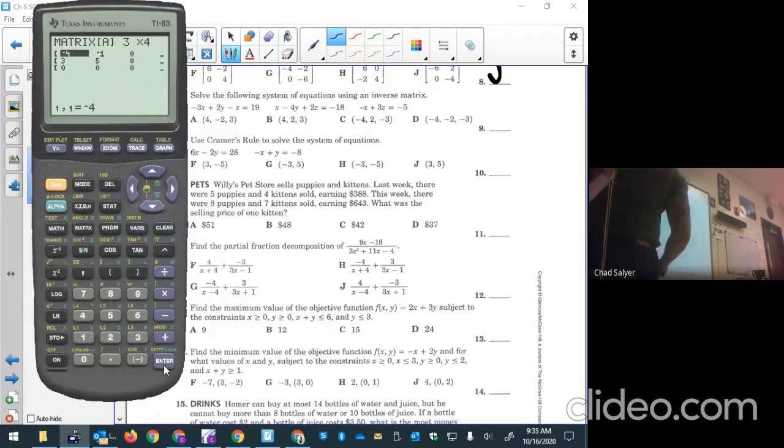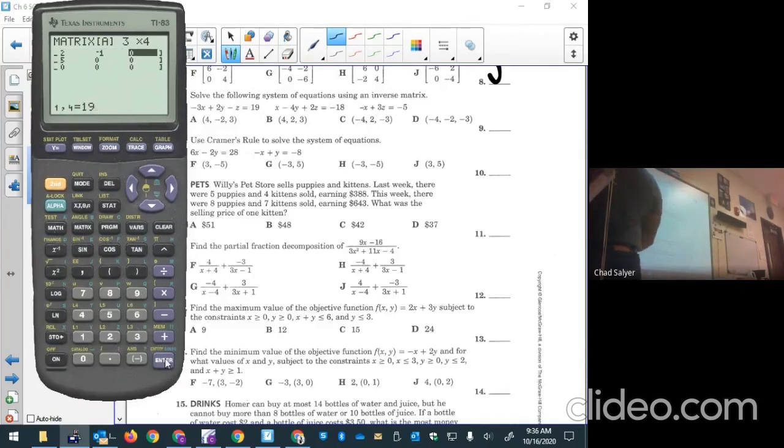And I'm going to take the first row from equation 1. -3, 2, -1, 19. And then here, 1, -4, 2, -18. And the last one from the last equation, so that's -1, 0.